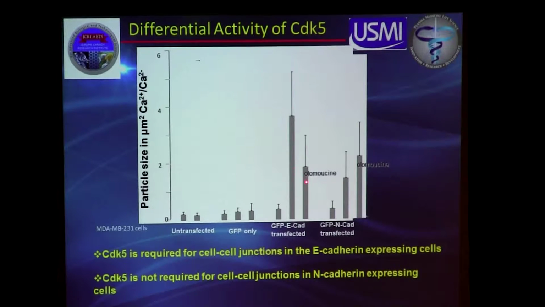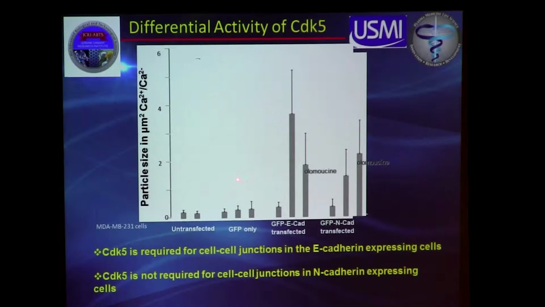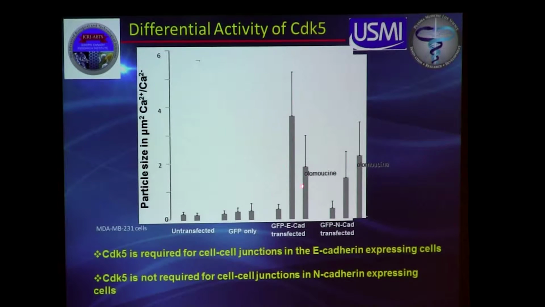And in the presence of olomoucine, you would see that these cells expressing E-cadherin had reduced cell-to-cell adhesion, or the junction formation was reduced in the presence of olomoucine, whereas the same pattern did not occur in the N-cadherin containing cells. So this confirmed that E-cadherin is required for cell-to-cell junction formation, and CDK5 is also required for stable cell-to-cell adhesions.